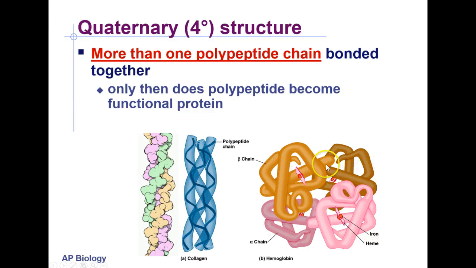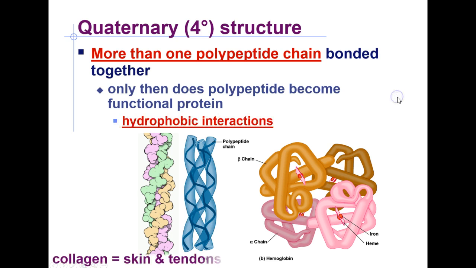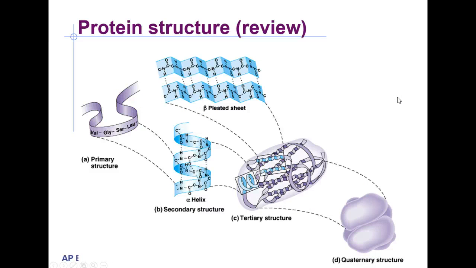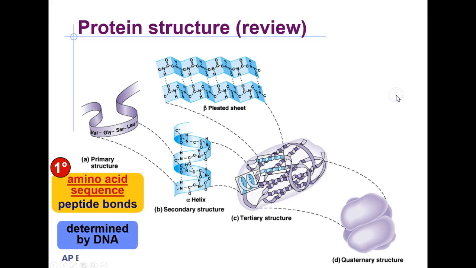And then finally, if it's shaped just right, our protein will work. This is hemoglobin here, if it's done right. This one's collagen. Here's a summary.